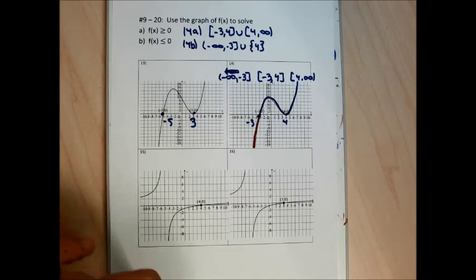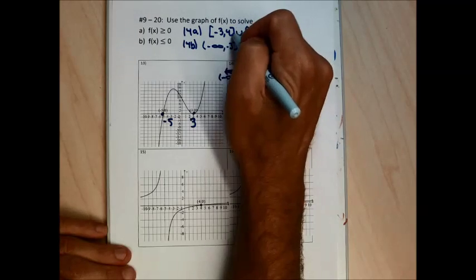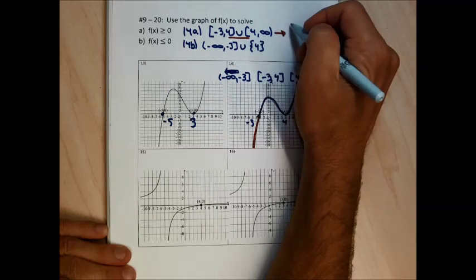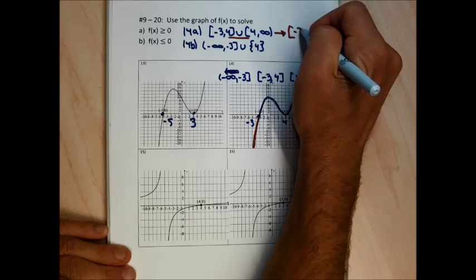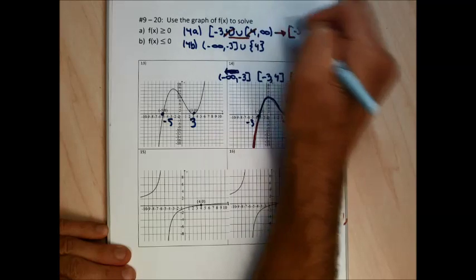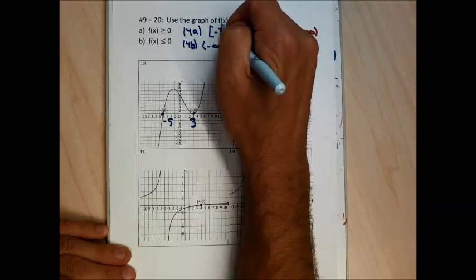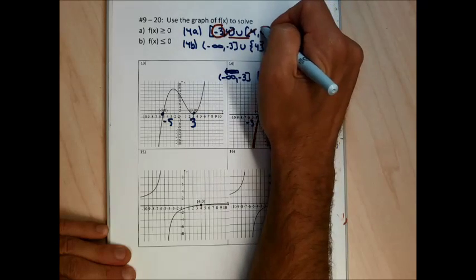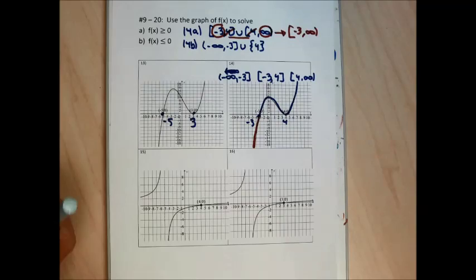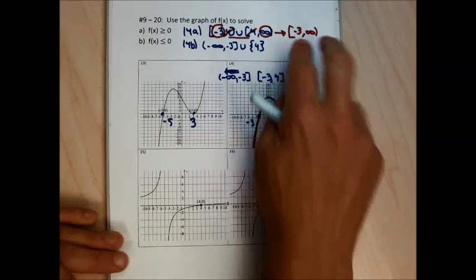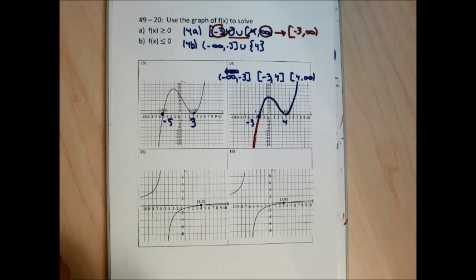You certainly could condense this interval. If you have two intervals next to each other that are connected with square brackets, that interval can be condensed by slicing out the connecting point and including the first point from the left interval and the last point from the right interval. The answer that I just marked through was okay. It's equal to that, so that's also a decent answer.